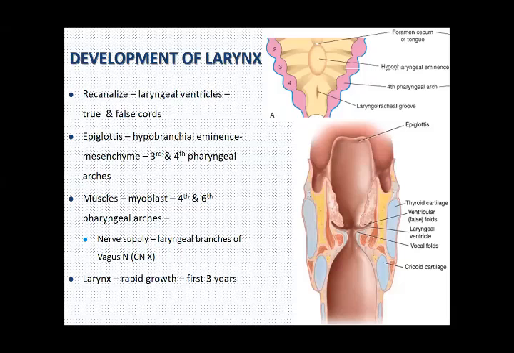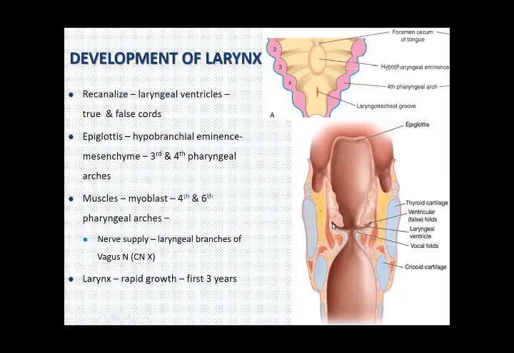In some places the lumen is completely restored, and elsewhere the epithelium is broken down in such a way that it leaves folds inside the larynx. This membranous fold, formed by epithelial proliferation, is called the false vocal fold, the vestibular fold.